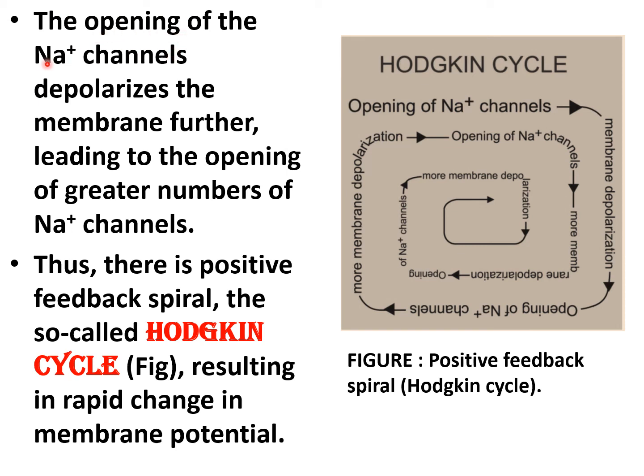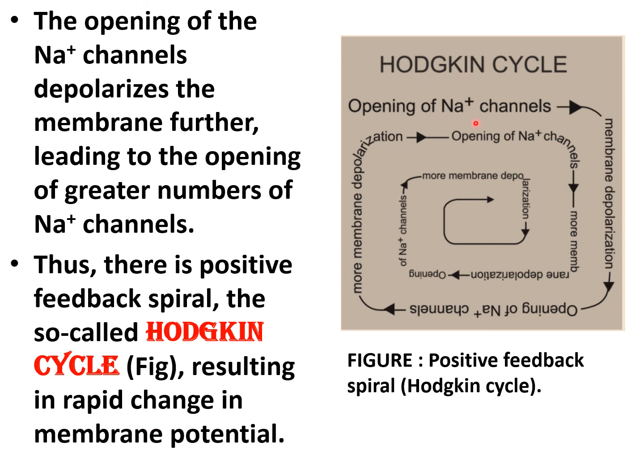When the membrane potential depolarizes, the sodium channels start opening up. The opening of the sodium channels depolarizes the membrane further, and that leads to the opening of a greater number of sodium channels. Thus there is a positive feedback spiral, the so-called Hodgkin cycle, resulting in a rapid change in the membrane potential.